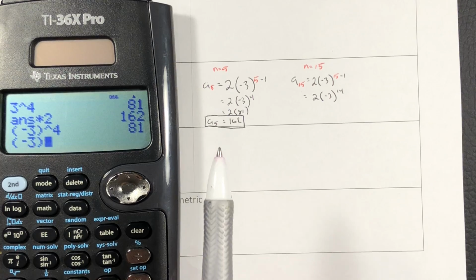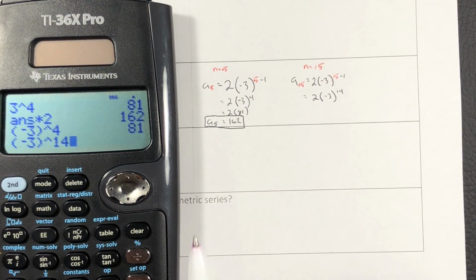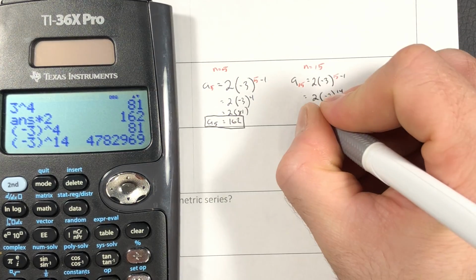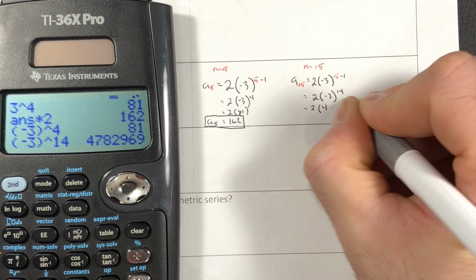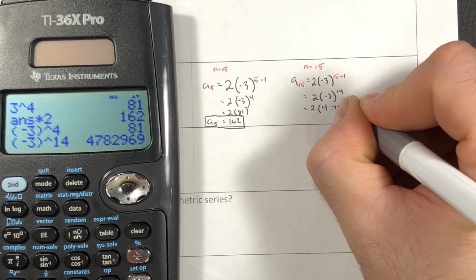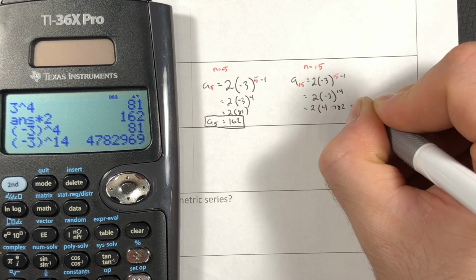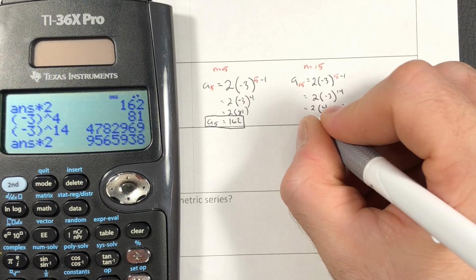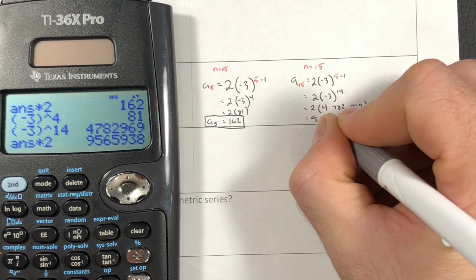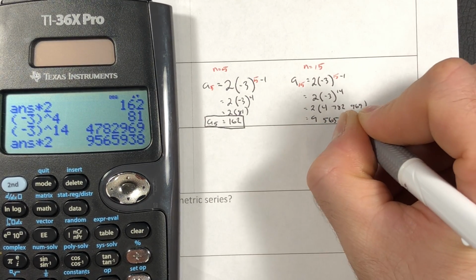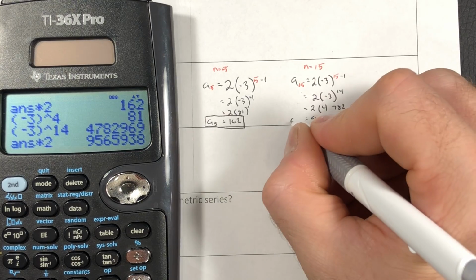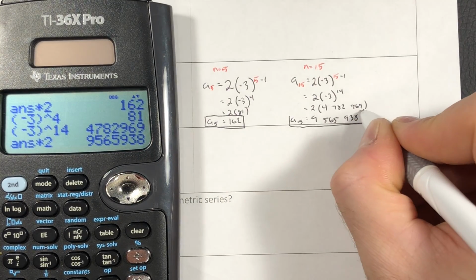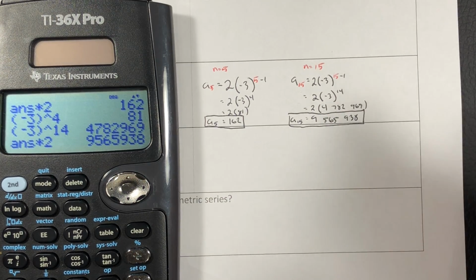If I take a negative 3 and raise that to the 14th power, we'll get a big number here. 4,782,969 times 2. 9,565,938 is our 15th spot. Perfect.